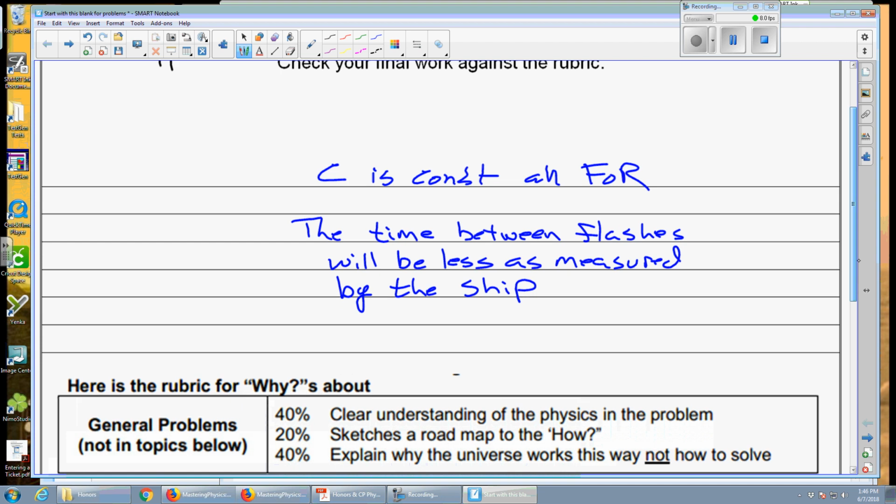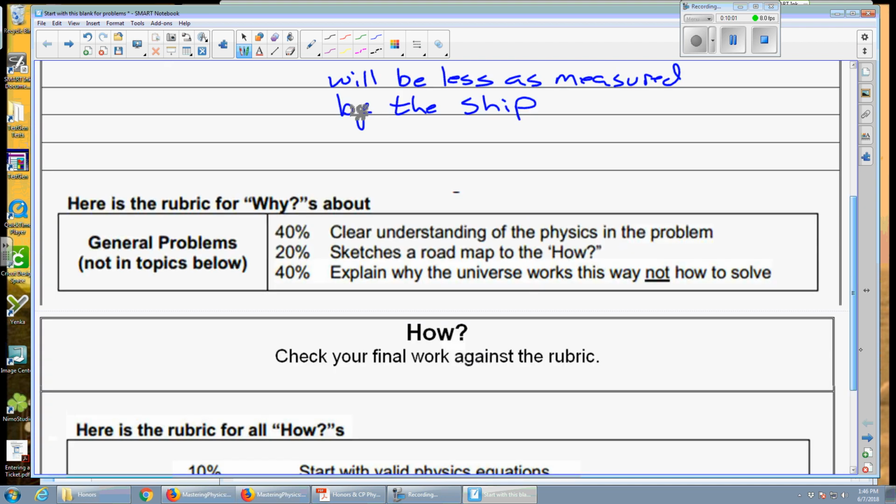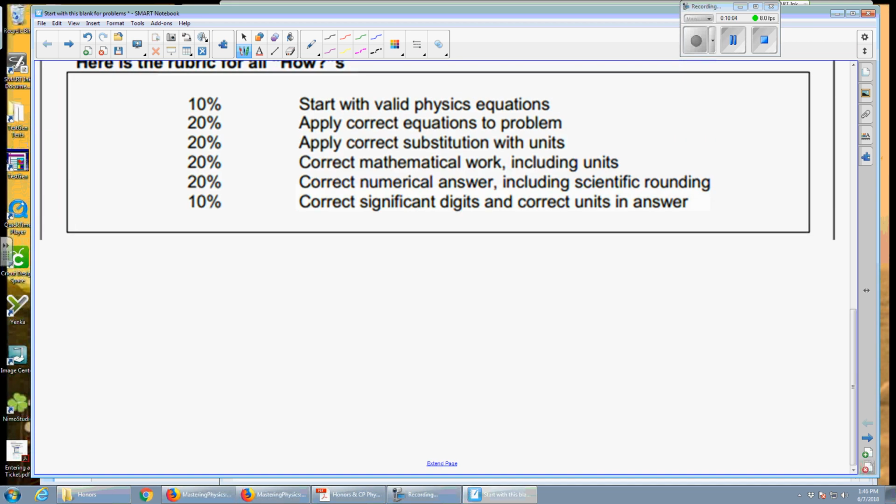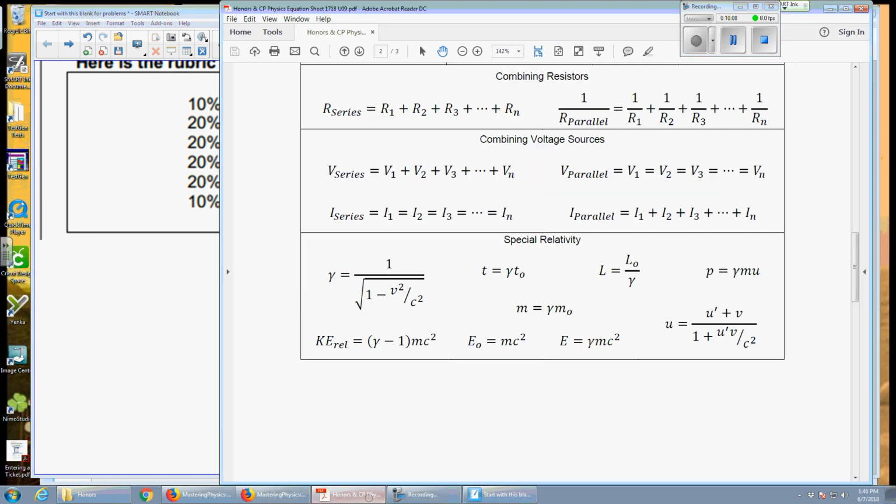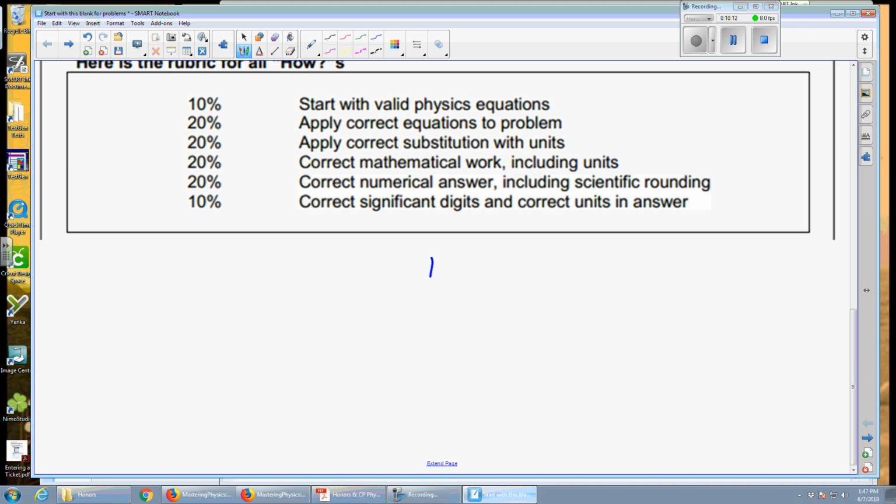You could flesh that out a little bit, right? Because you could say, time contracts and everything. And this is where, if you go to your equation sheet, we have our equation for time: T equals gamma T naught. Which one is bigger, T or T naught?